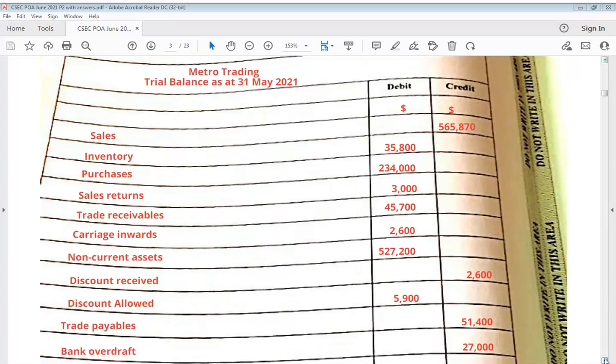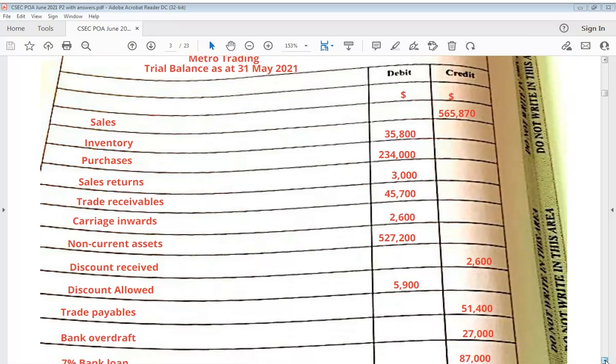Here we have our Metro Trading trial balance as at 31st of May 2021. Sales, based on the information that we got, is 565,870. Inventory 35,800, we know that's a debit entry. Purchases also a debit entry. Sales returns we know is a debit entry as well.